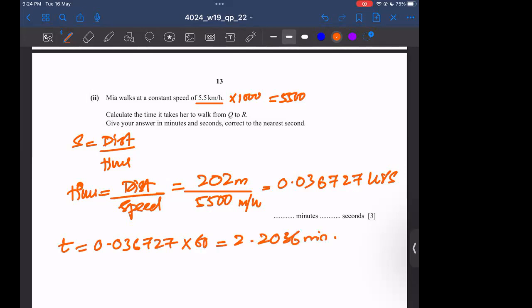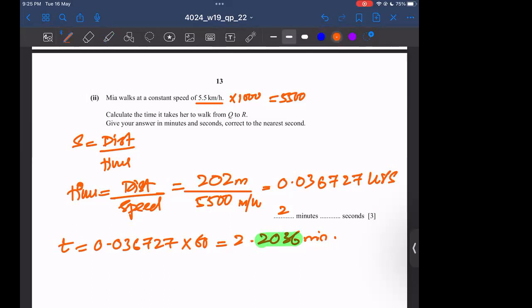And since you have to convert this into seconds as well, you got 2 minutes as a whole number here. Now this value over here is 0.2036, which is going to be multiplied with 60 to get the answer in seconds. So these are 12 seconds here.